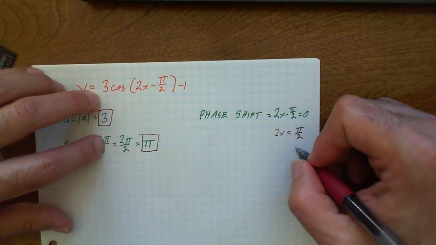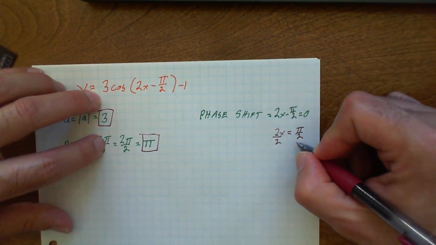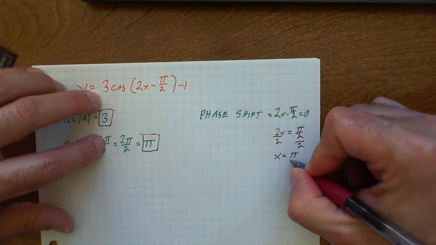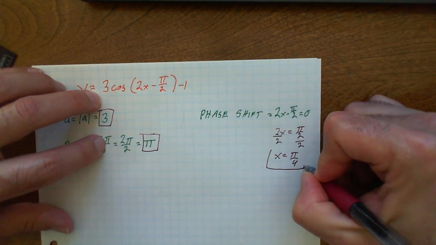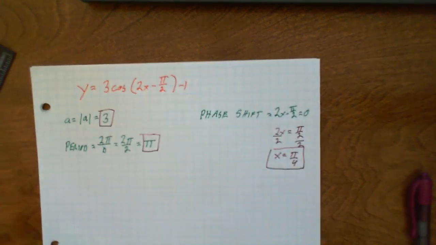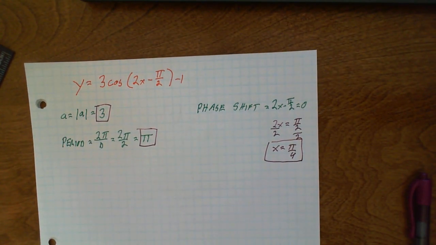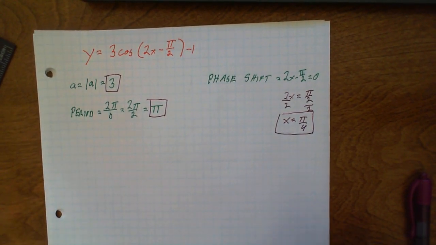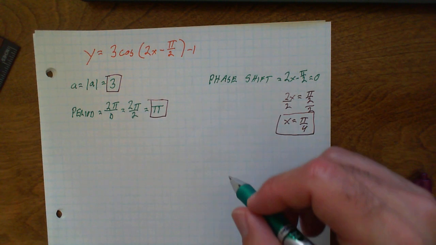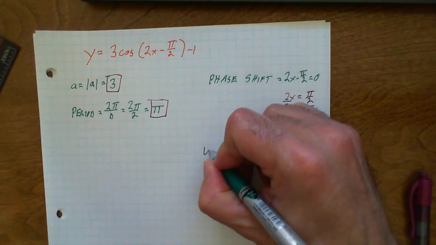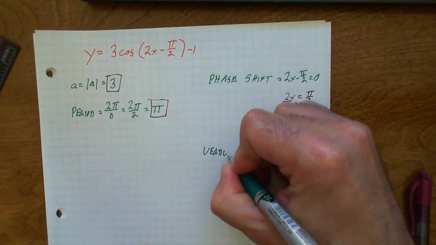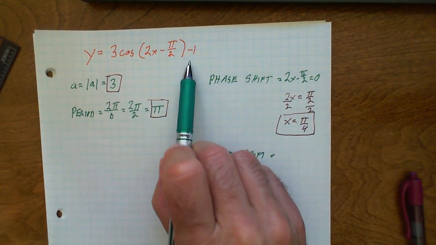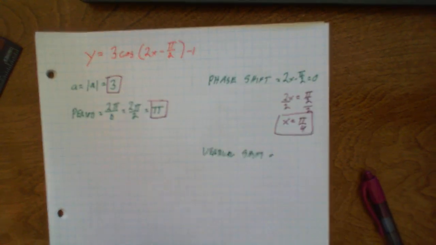I divide by 2 on both sides, that's the same as multiplying by 1/2. x equals pi over 4. That's going to be my phase shift, pi over 4. And the vertical shift, that's my k, will be -1.